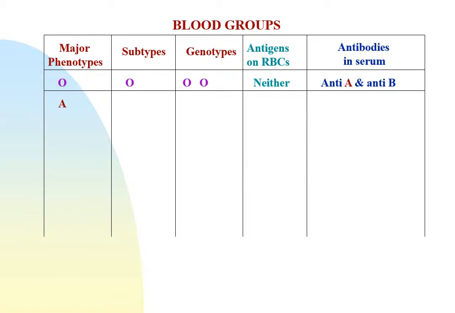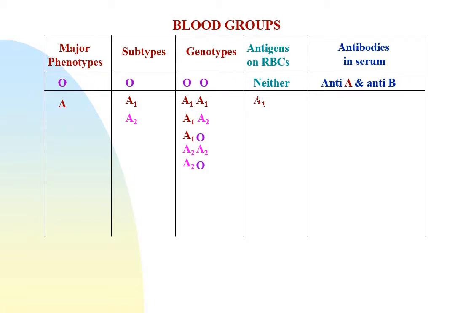Group A has two subtypes, A1 and A2. The genotypes are combinations of either A1 or A2, or sometimes A1 or A2 with O. The genotypes are A1A1, A1A2, A1O, A2A2, A2O.